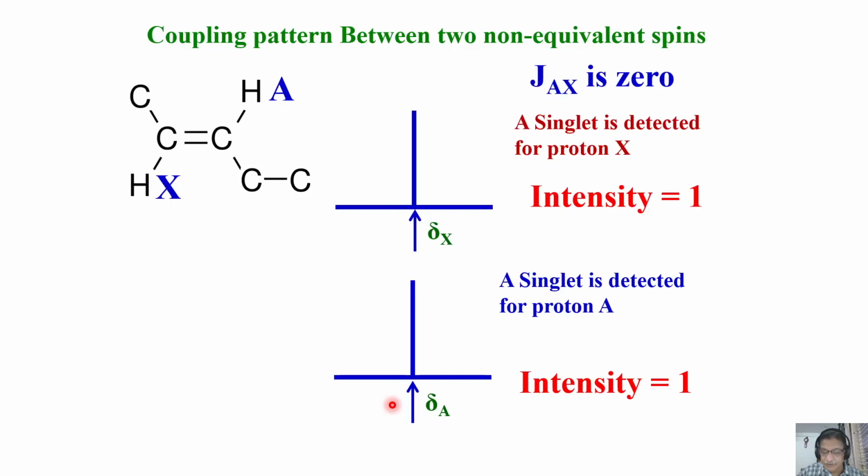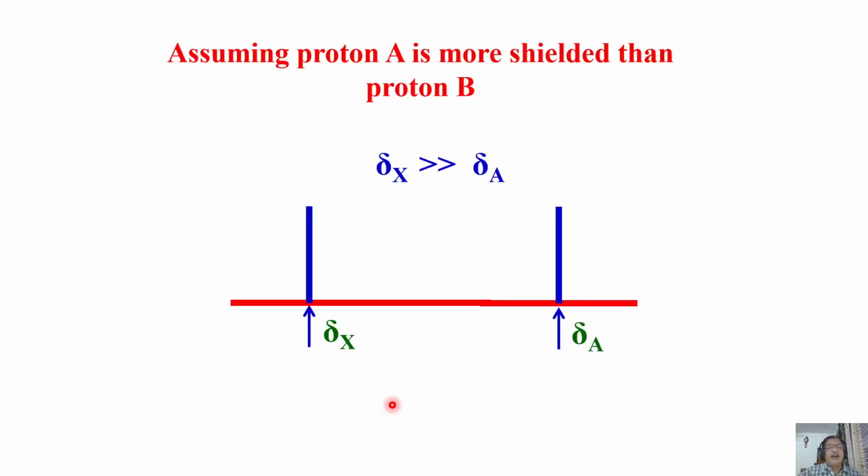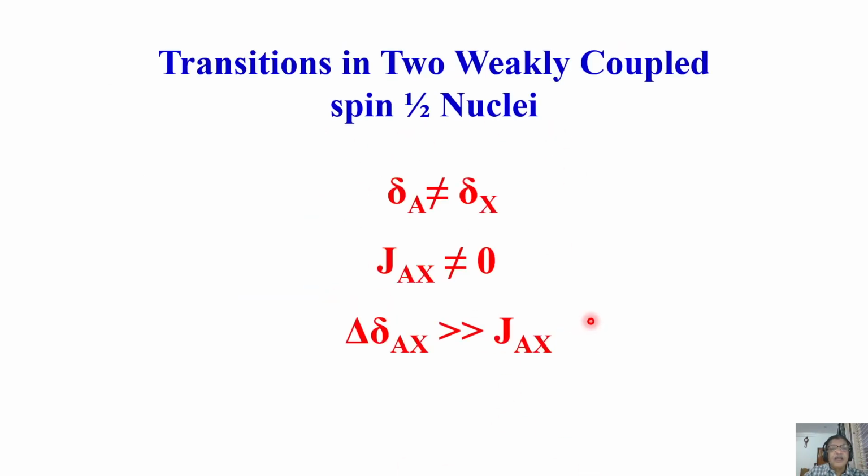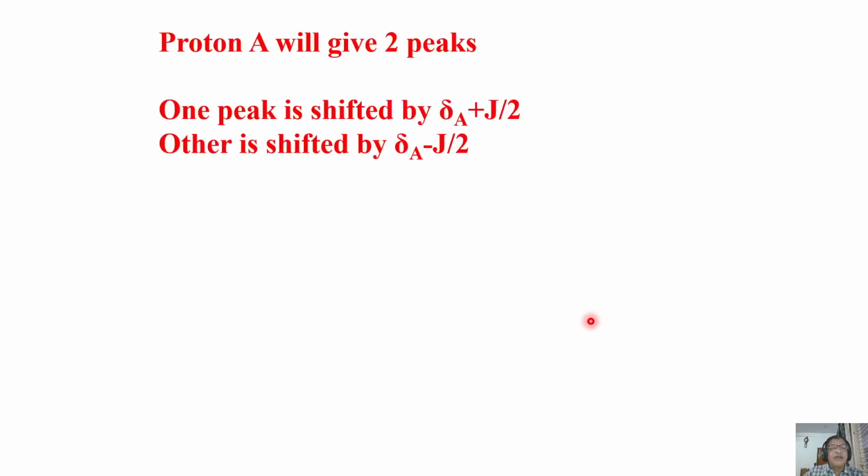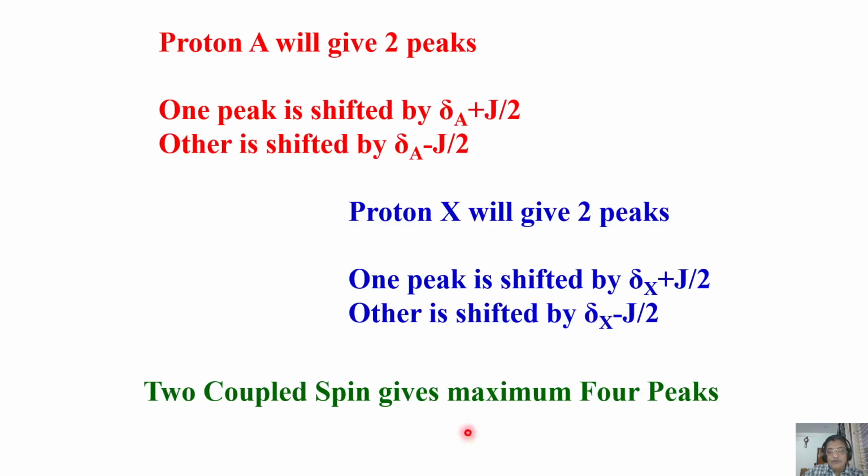And if I assume, similarly to the previous case, that delta X is larger than delta A, I get only 2 peaks. This also we understood. Of course, we understood this too: for a two weakly coupled spin system, proton A gives 2 peaks and proton X gives 2 peaks, so we got 4 peaks. This also we understood because we discussed it today.